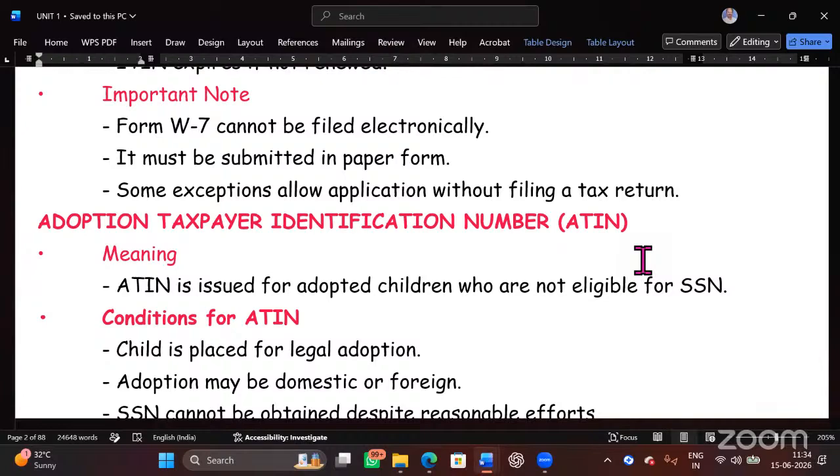But the adopted child must have either a social security number or some other number. If the social security number is not yet allotted to that child, temporarily one number can be allotted, called the Adoption Taxpayer Identification Number. With this number, the taxpayer can get the tax benefit of the adopted child.